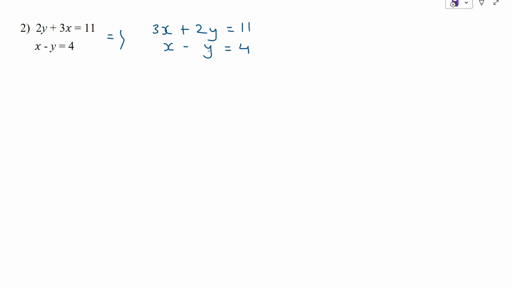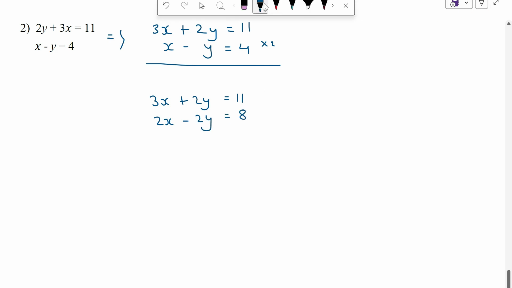Okay, so if we multiply this bottom equation by 2, we can go ahead and get the same coefficients for y. So let's do that, only doing it to the bottom equation. The top equation remains unchanged. Gives us 2x minus 2y equals 8.